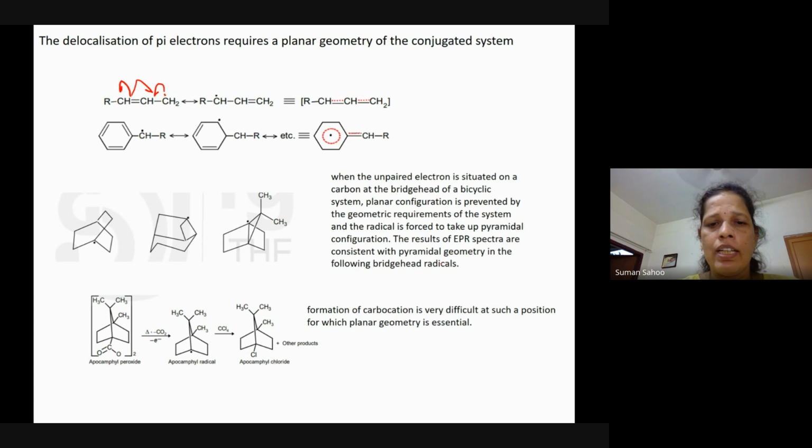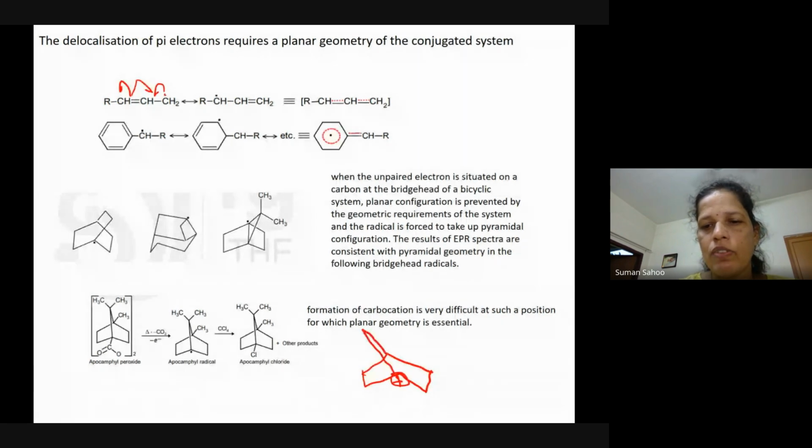But if you just see, it can have a planar structure as well as a pyramidal structure. So in case of these bridgehead positions, it is possible for a radical to be there, but it is difficult for a carbocation to be present at this position, because this bridgehead position cannot be planar.